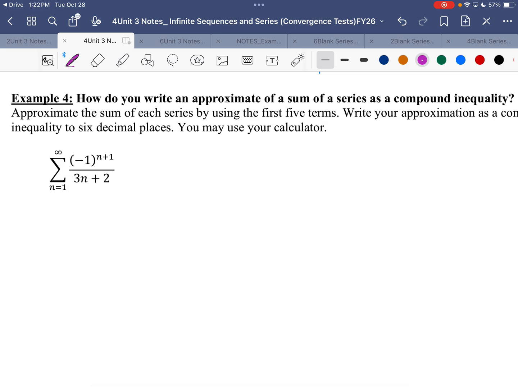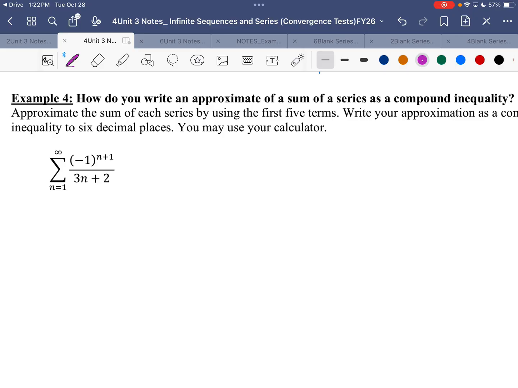Okay, so example 4: approximate the sum of the first 5 terms of the series. Write your approximation as a compound inequality to 6 decimal places.